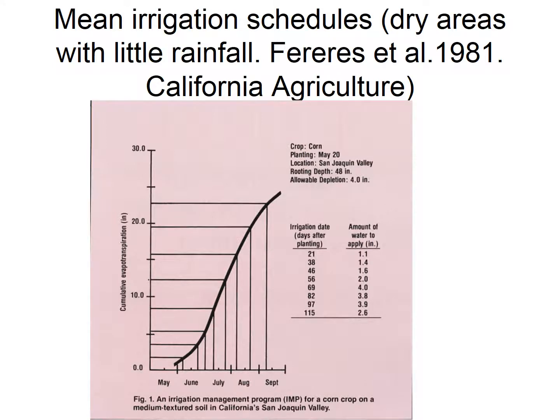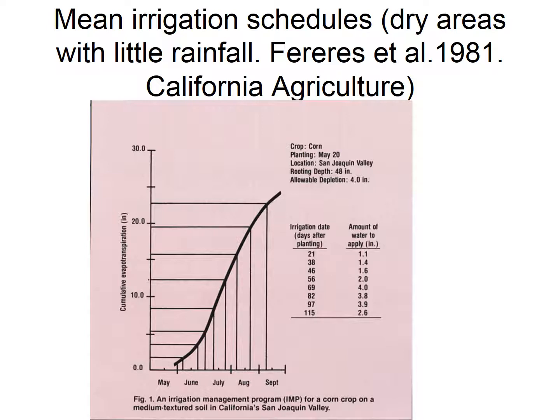What they did was to plot the cumulative evapotranspiration versus time and put on the y-axis the amounts of soil water deficit corresponding to the critical soil water deficit. And now, going from this curve down to the x-axis, we would find the dates of irrigation.